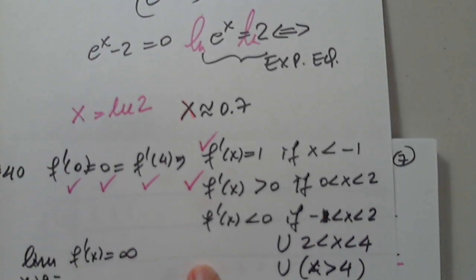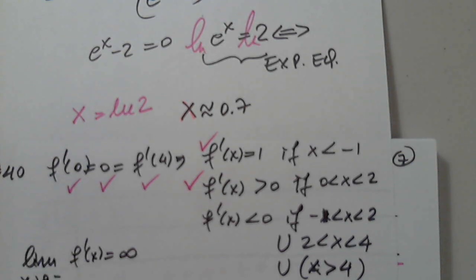Let's take a look again. It's negative 1, 0 union 2 to 4. Now it makes sense. Sorry about that.